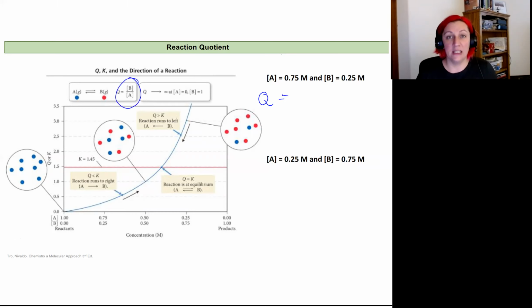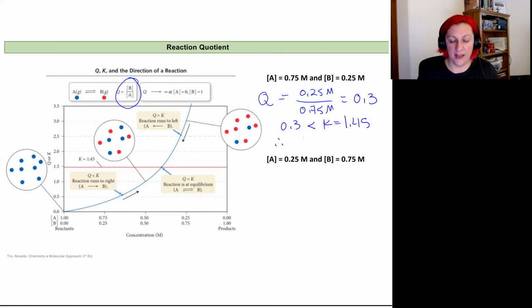That's because B is representing products. So this will look like 0.25 molar divided by 0.75 molar, which will give me a value of 0.3. So that 0.3 is less than my K value, which is equal to 1.45. Therefore, the forward rate will be faster than the reverse rate.